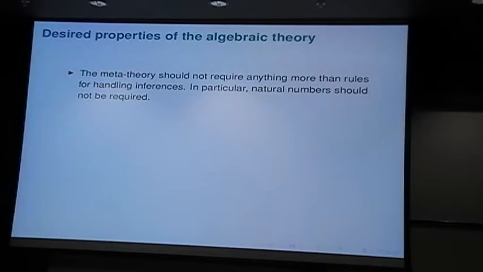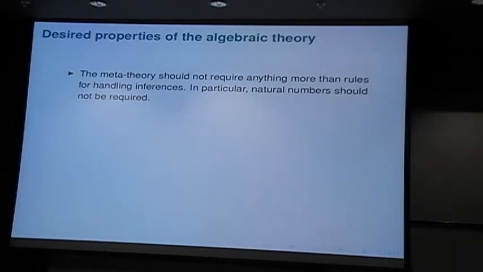Okay. So there we go. So we're going to reformulate type theory. So what do we want from it? The first thing that I wanted to go for is that the metatheory should be as weak as possible. And I should not require, in particular, natural numbers to formulate it. So I should just know how to handle inference rules, but nothing else.